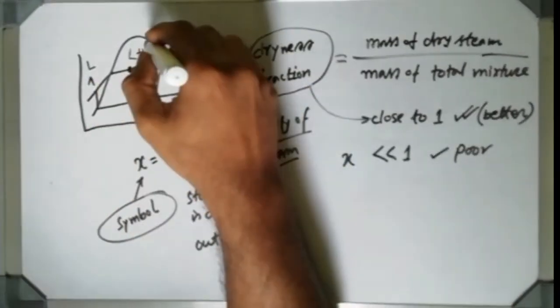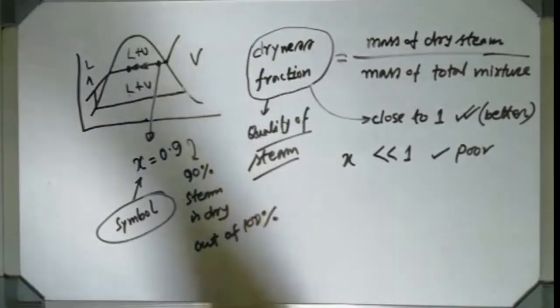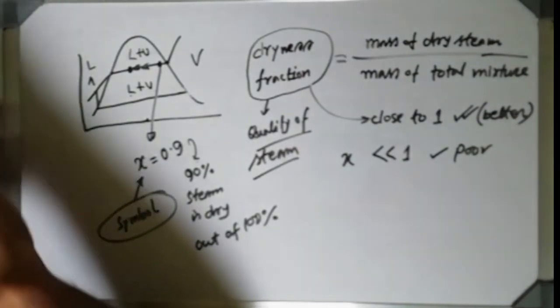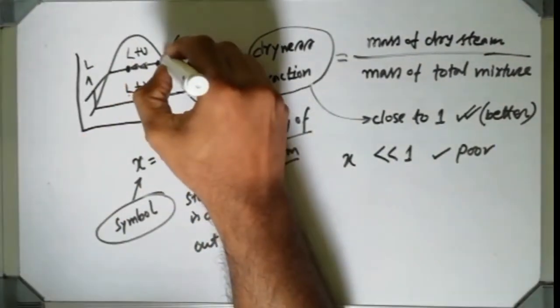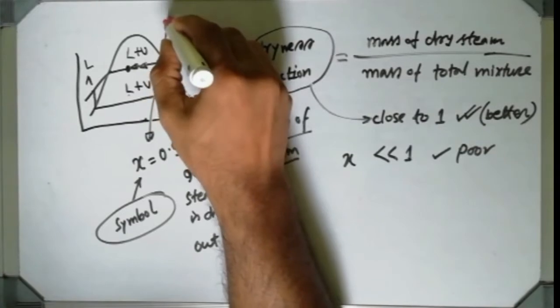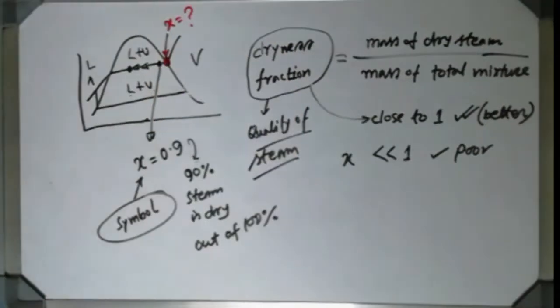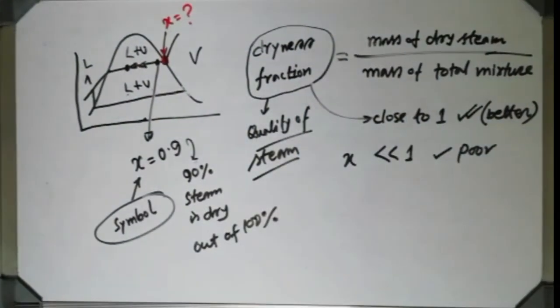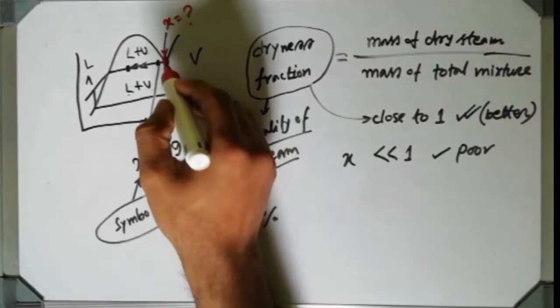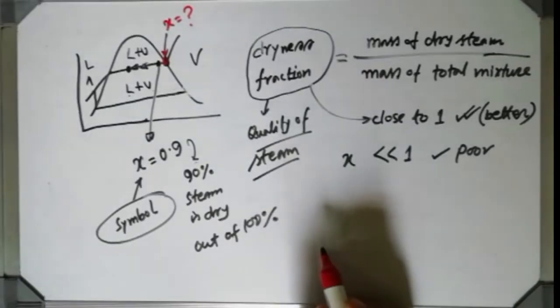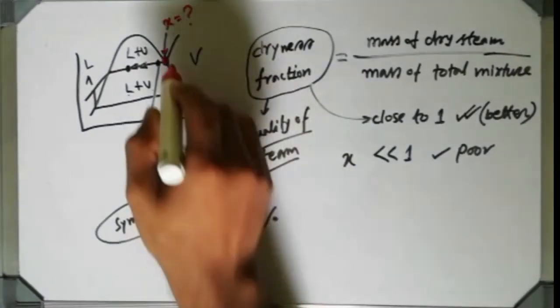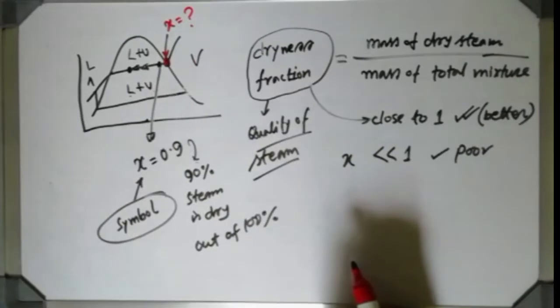And can anyone say, if the steam is resting on this particular point, what will be the dryness fraction of this point? Anyone? Suppose the steam is resting on this particular red dot, then if anybody tries to find out the dryness fraction of the steam, what will be the dryness fraction at this particular point?